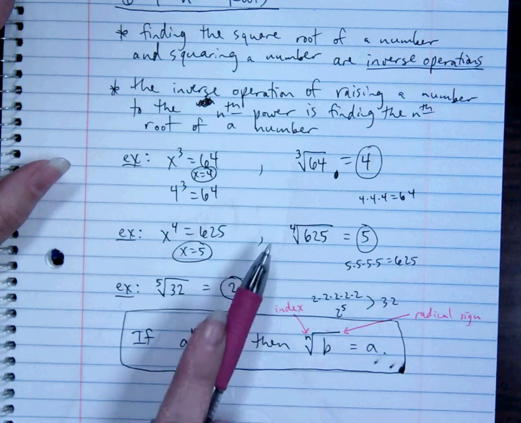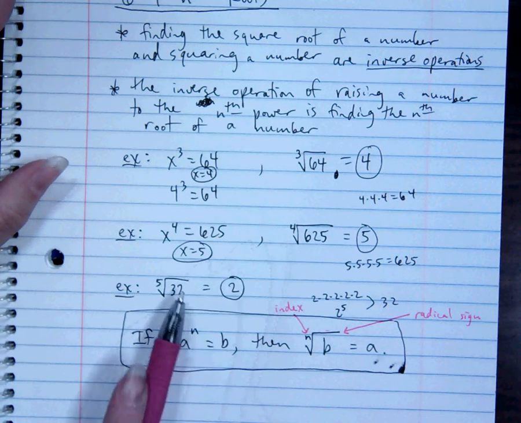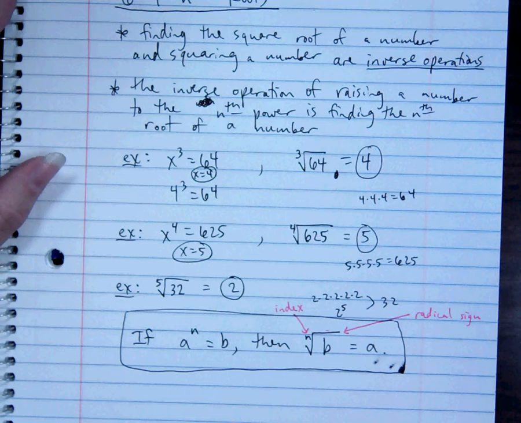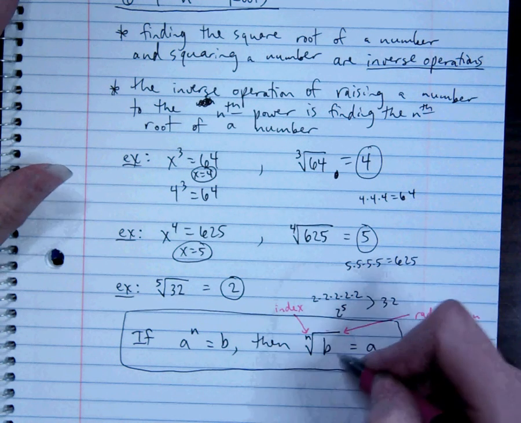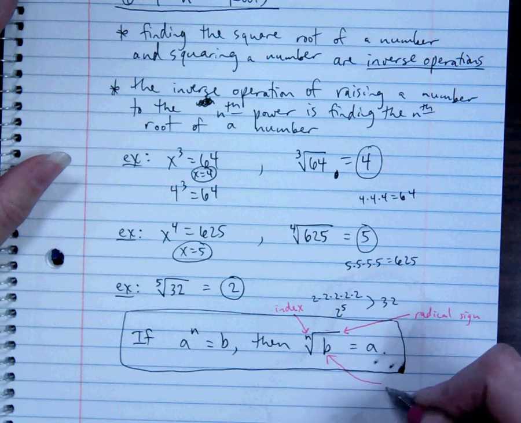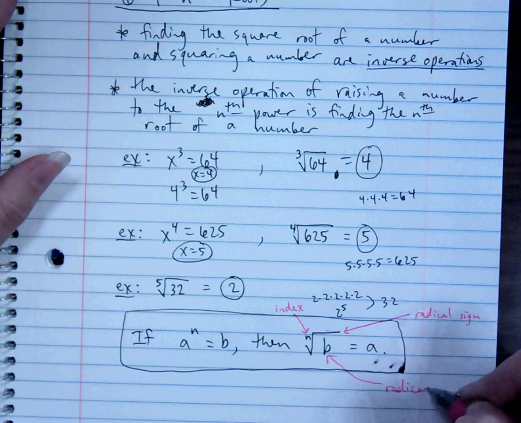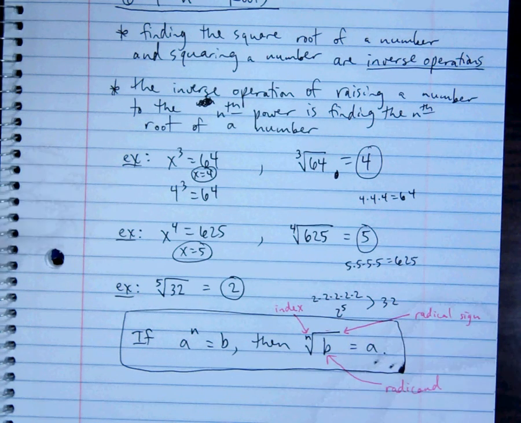3, so then we know we have a cube root. 4, so then we have fourth root. 5, so then we have fifth root. So that index changes things. And the thing underneath the radical is called the radicand. Probably haven't seen that word a ton. Not too big a deal, but it's definitely somewhat important.